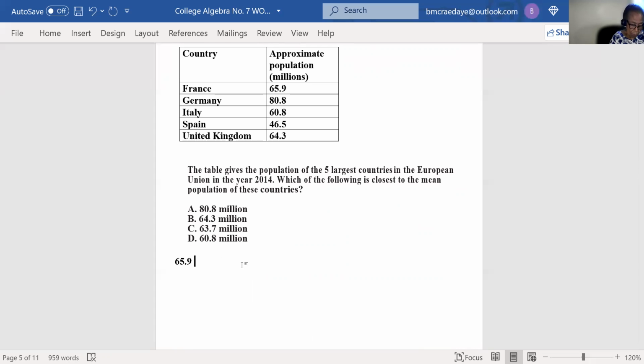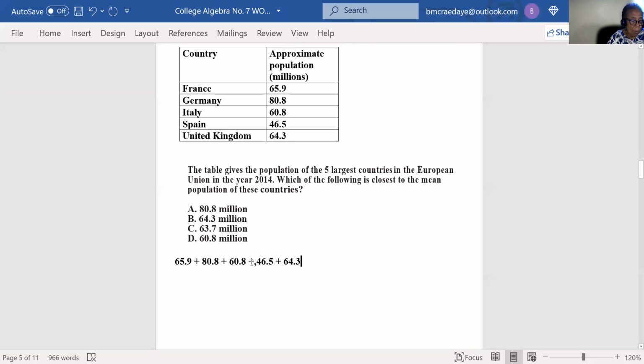65.9 plus 80.8, plus 60.8, plus 46.5, plus 64.3.